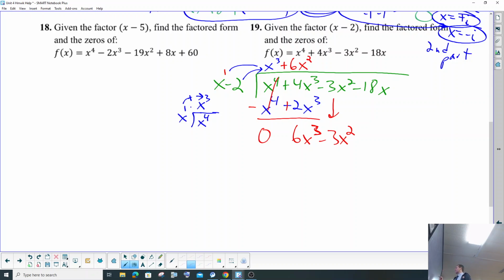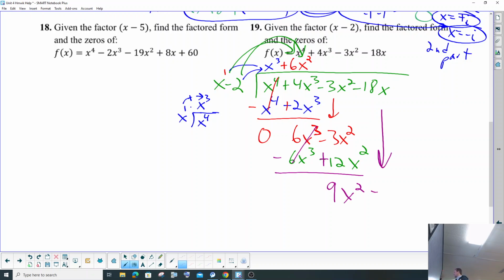So we multiply that through: x times 6x squared is 6x cubed. Then negative 2 times 6x squared is negative 12x squared. And then we change the signs. Those go away, and 12 minus 3 is 9x squared.